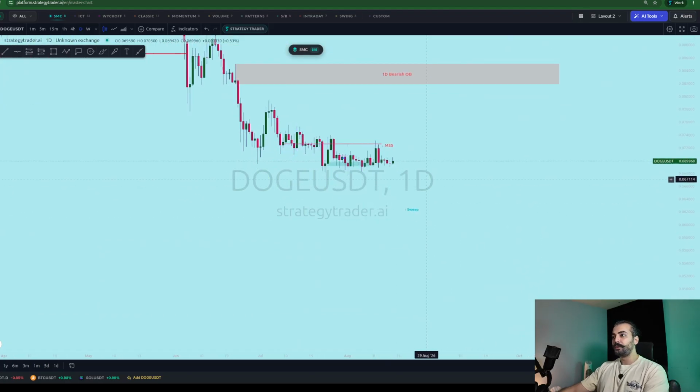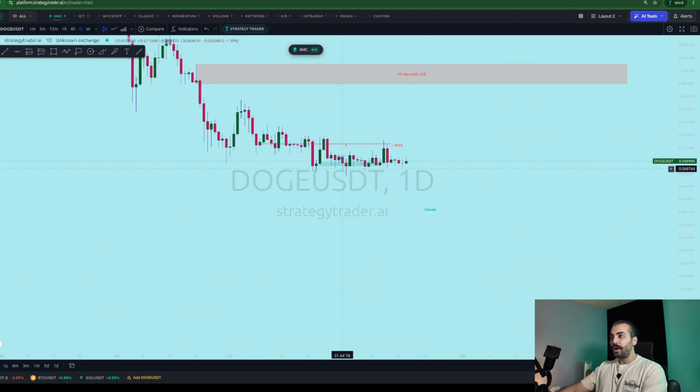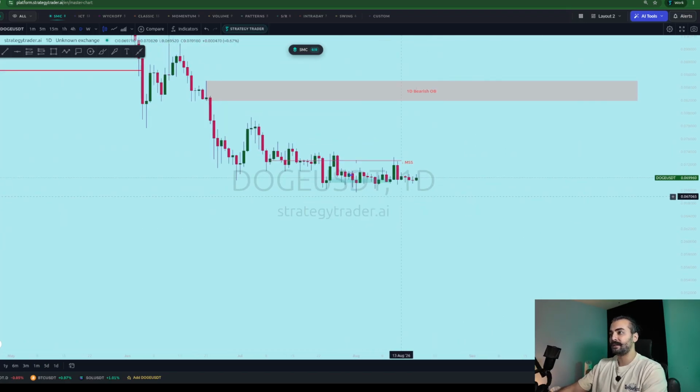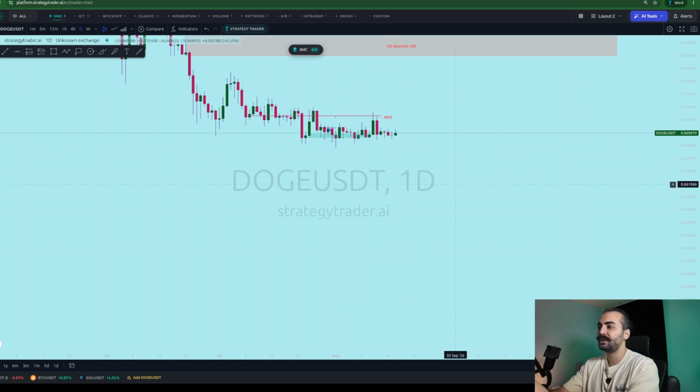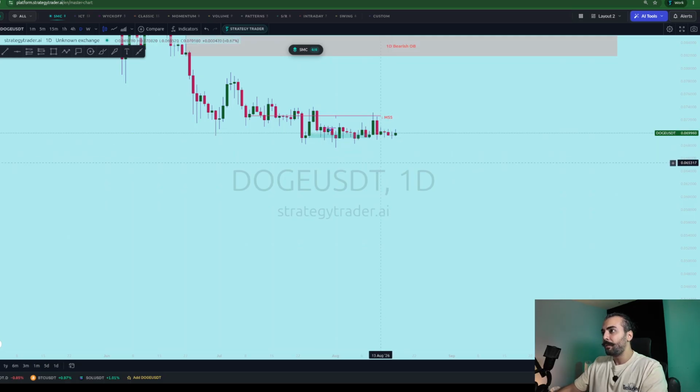So from here, as you can see, we are compacted here. The only thing that matters and is concerning me a little bit here is we still haven't had any liquidity sweep. So we need a liquidity sweep here, meaning that we need a shadow probably all the way to the 5 cents here.